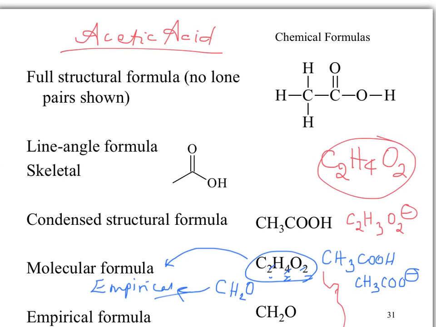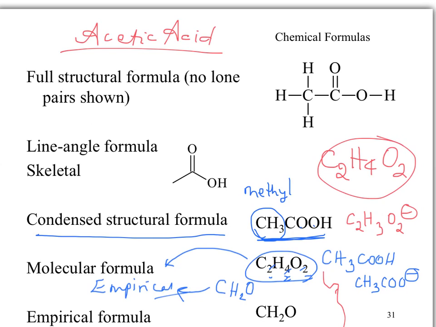Now, if you look at the condensed structural formula, that's what's going on here. You're writing that as CH3COOH, and in that sense you have a CH3, which is also referred to as the methyl group, as we will learn in chapter 3, connected to a carbon, and then we have 2 oxygens followed by hydrogen.